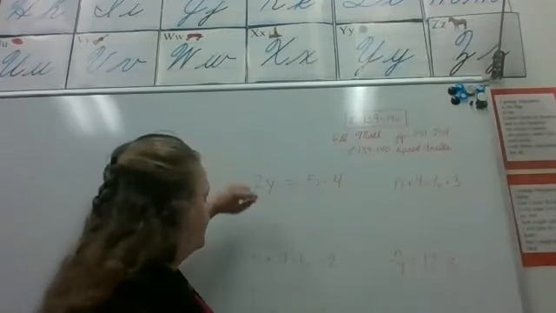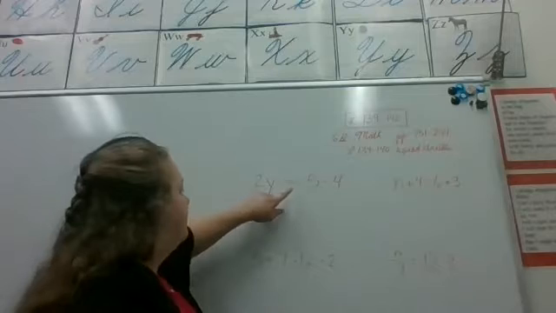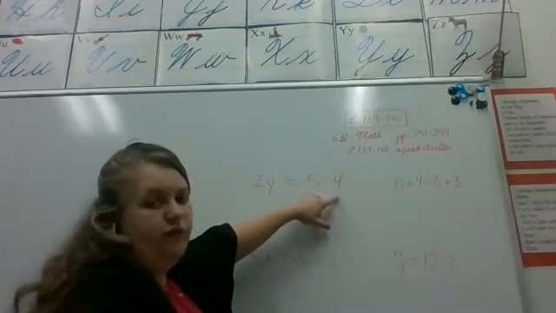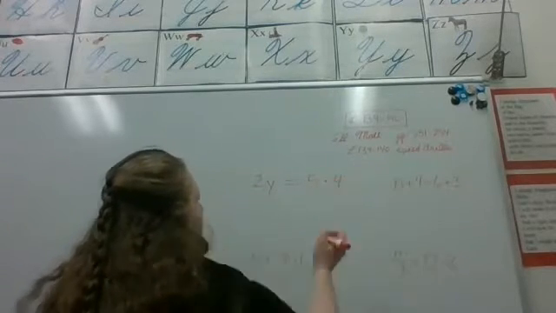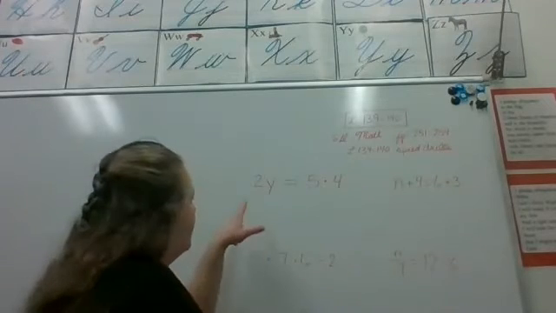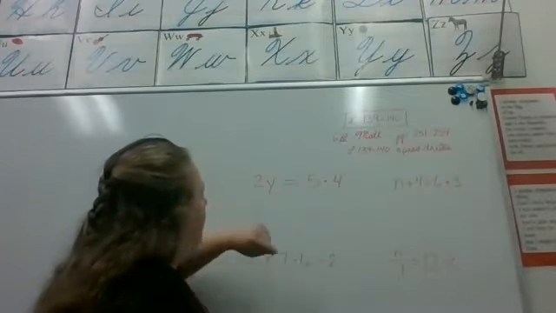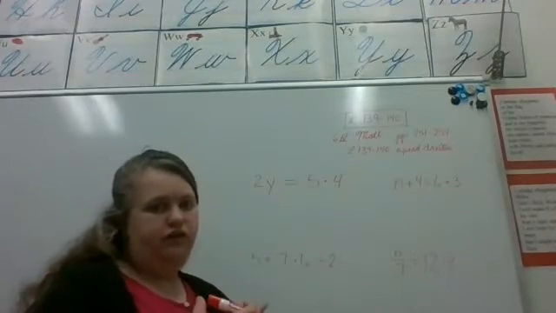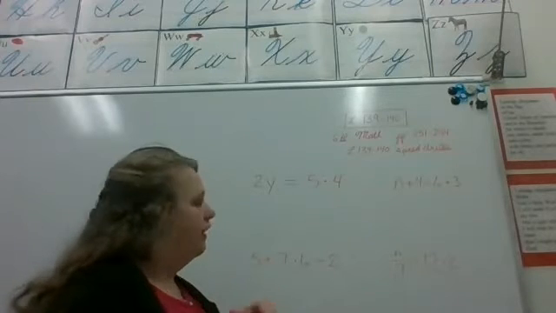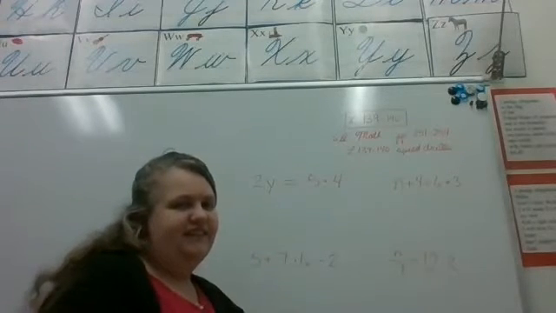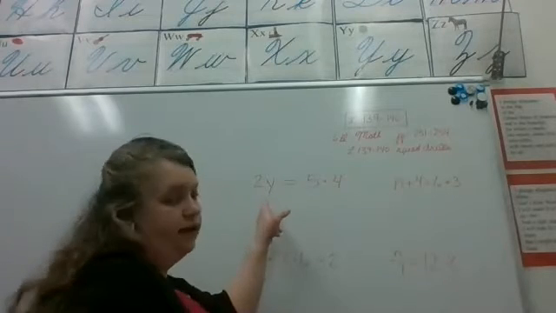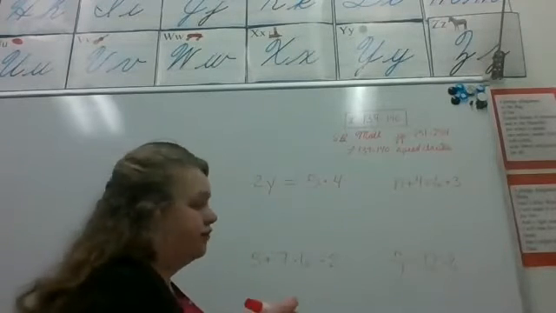And so if we've got 2y equals 5 times 4, remember that raised dot means multiplication, okay? Then we need to get what by itself in order to solve the equation. The goal is to get the letter by itself, the y in this equation, okay?